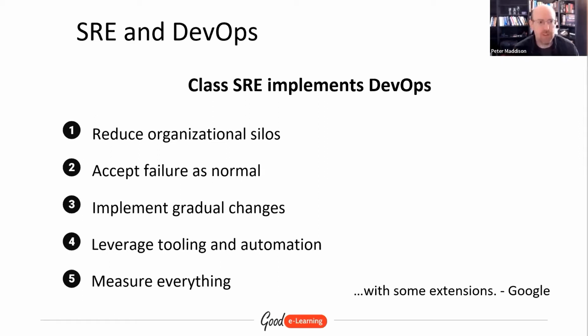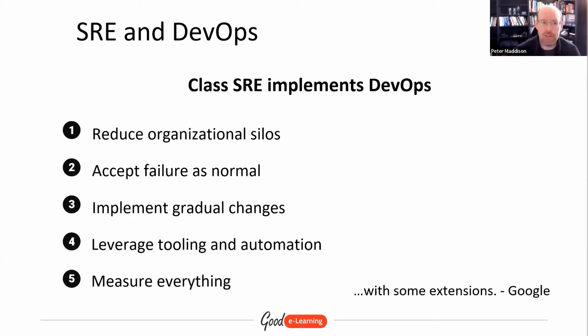If we think of DevOps in terms of reducing organizational silos, accepting failure as being normal, implementing gradual changes into your environment, leveraging tooling and automation to help accelerate how development and operations work together, and ensuring that we're measuring and capturing and understanding what's happening within our services, then SRE and DevOps are very, very much the same. SRE is more explicit, however, and it gives you some very concrete ways in which to operate and describe.